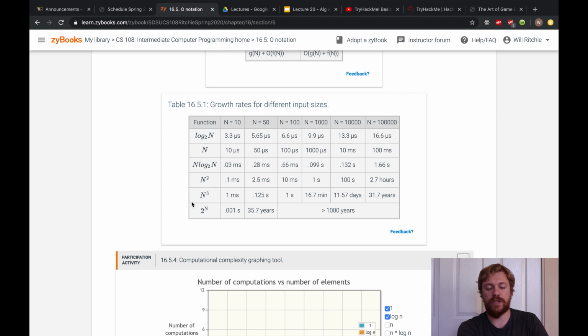And of course, you look at the exponential, 2 to the nth power. Starting off, n equals 10, somewhat small, 0.001 seconds, but barely increasing n to n equals 50 will now increase your runtime to 35.7 years. And of course, get to anything beyond that and you get over 1,000 years, which is insane, right?